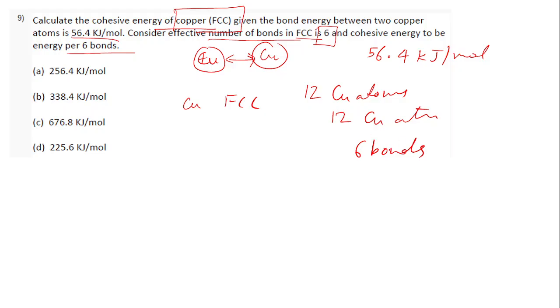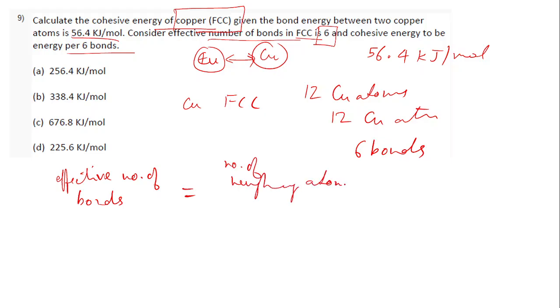The formula to get this number of bonds is: the effective number of bonds between atoms is given by the number of neighboring atoms divided by 2. Here, because it's an FCC system, there are 12 neighboring atoms, divided by 2, which means 6 bonds between these 12 atoms.